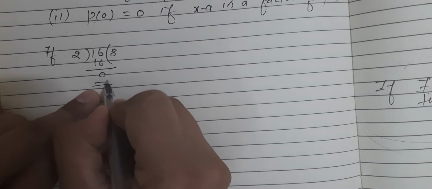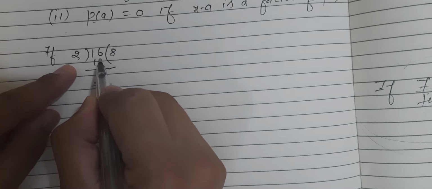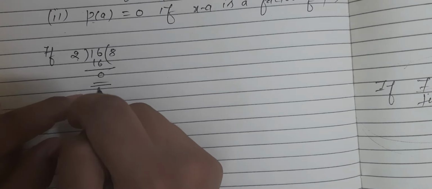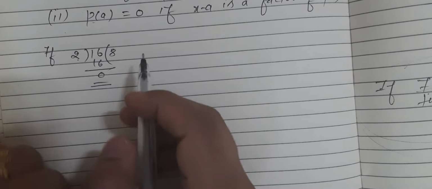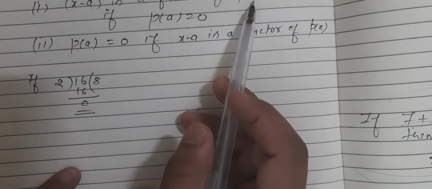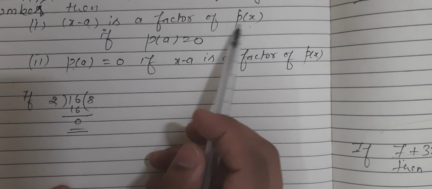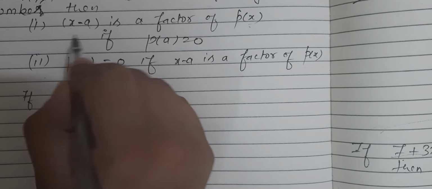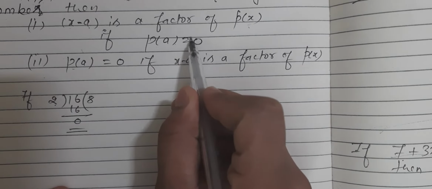So if the remainder is 0, then 2 is a factor of 16, or if 2 is a factor of 16, then the remainder will be 0. Similarly, if p of x is a polynomial and x minus a is a factor of this polynomial, then p of a is equal to 0.